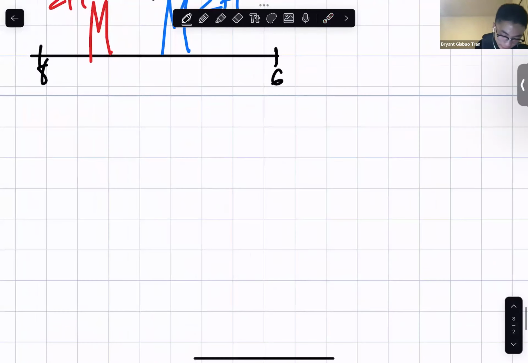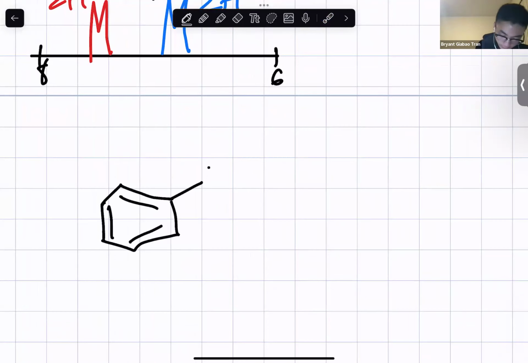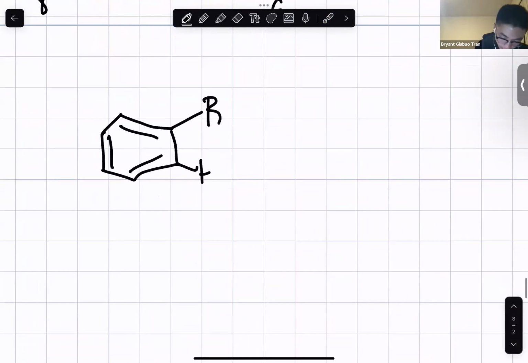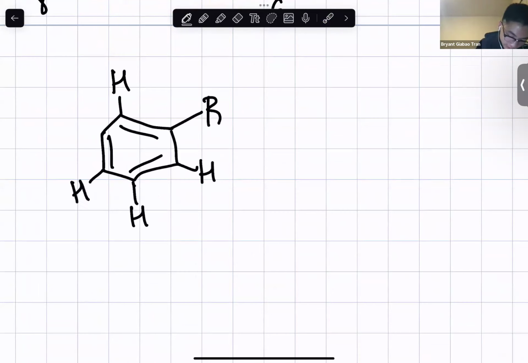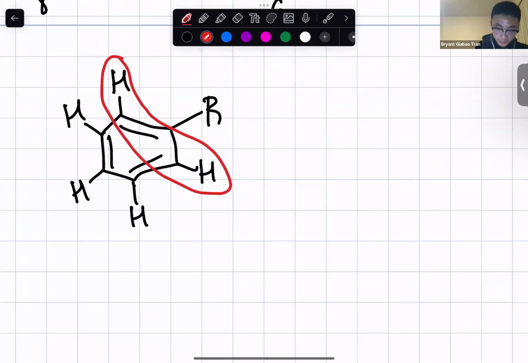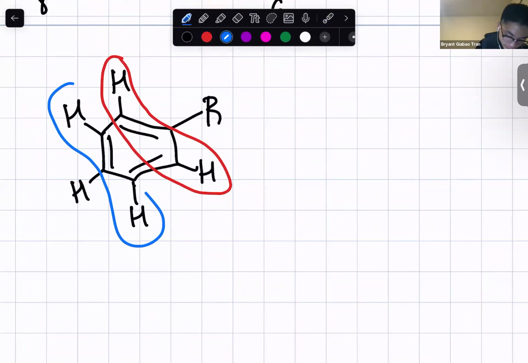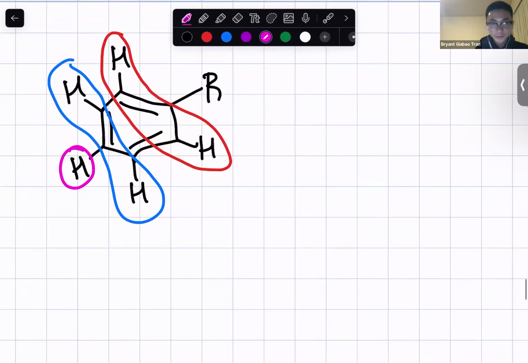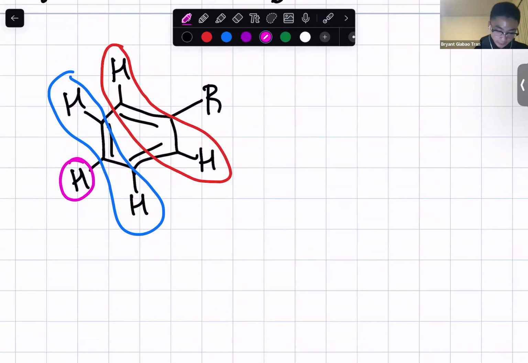Let's say we have a benzene ring that only has one substituent, one R group. Then we get 5 benzene hydrogens, where these 2 hydrogens here are identical, these 2 hydrogens here are identical, and this one hydrogen right here is alone. There's no other hydrogen identical to that pink hydrogen.